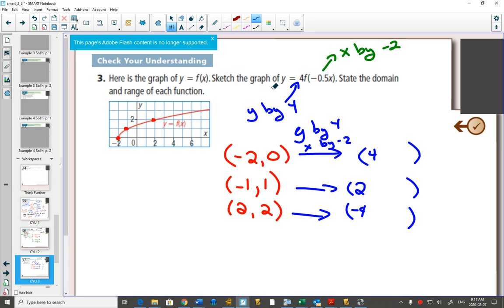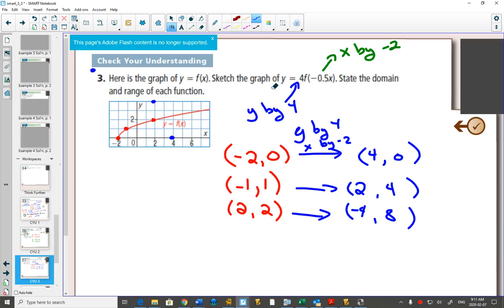The y by 4 will keep it at 0. This one will be at 4, and this one would be at 8. So when I go to sketch this graph, I know that I'm going to have 4, 0, 2, 4, and negative 4, 8 is even off my charts, but I'll just put a dot way up there just for fun.